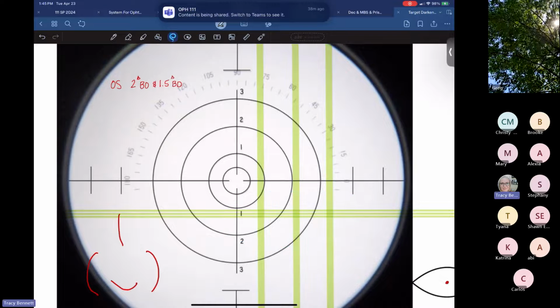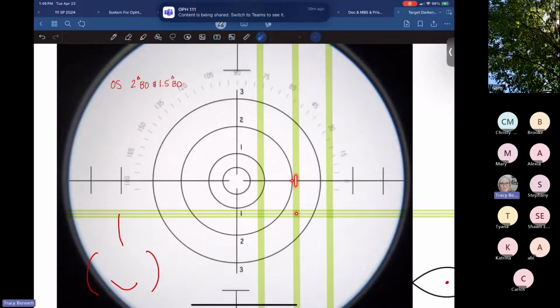With this one, if you were just reading the amount of prism displayed on the target, what do you get? They're going to be slightly different from this, right? Same point here. We're falling right about here, so you would say that was about what?